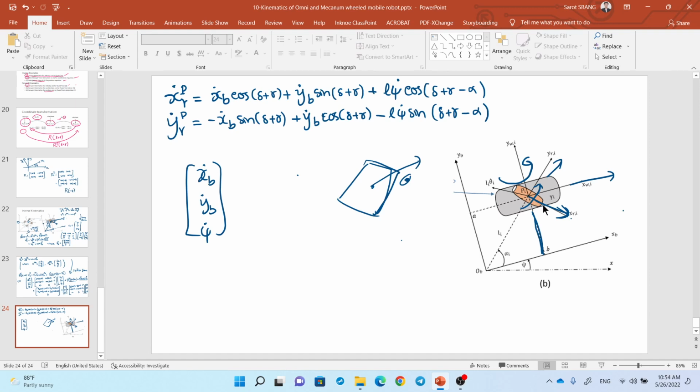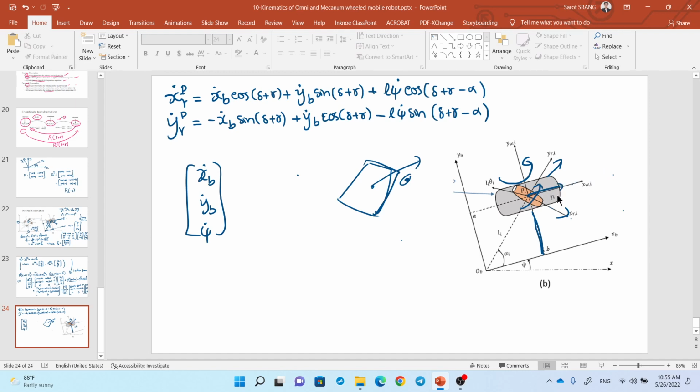The velocity on this axis contributed by the velocity of the motor goes all this way. Originally the velocity on the wheel is in this direction, this component.